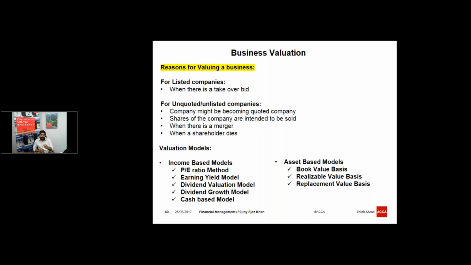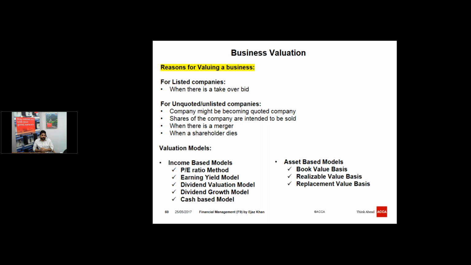In that case, you will never get control of the company, because you won't be buying more than 50% shares in the market, and everybody will not be willing to sell the shares. So you'll hardly buy 1%, 2%, or 5% of the shares from the market. With that 5% of the shares, you won't get the control.